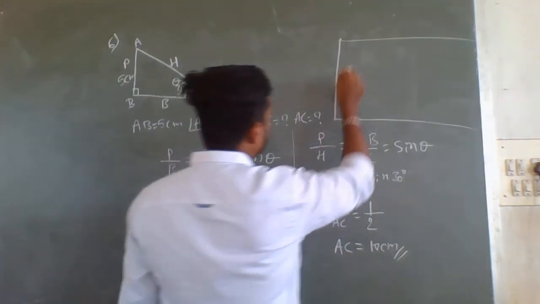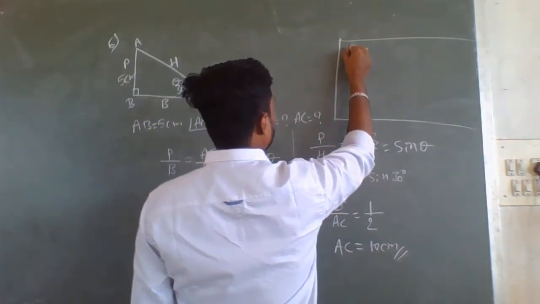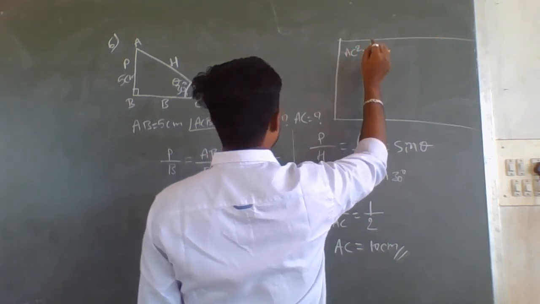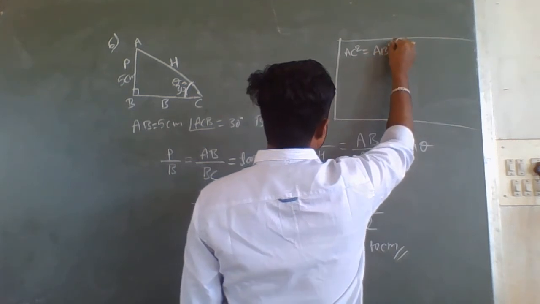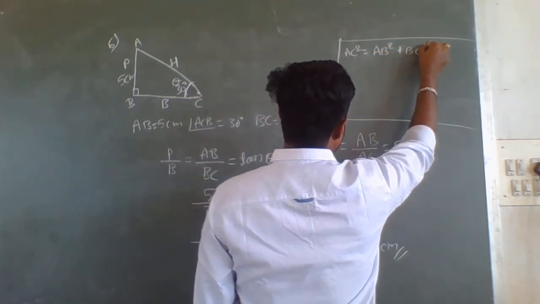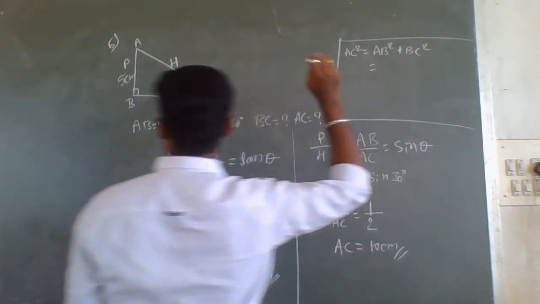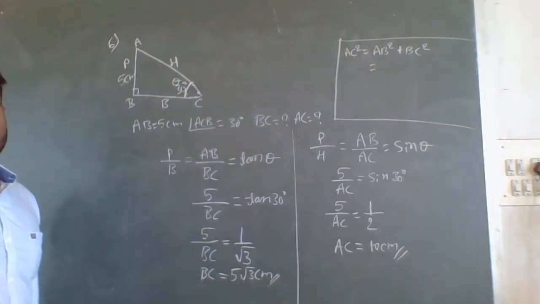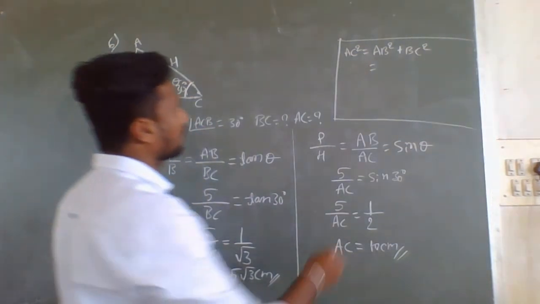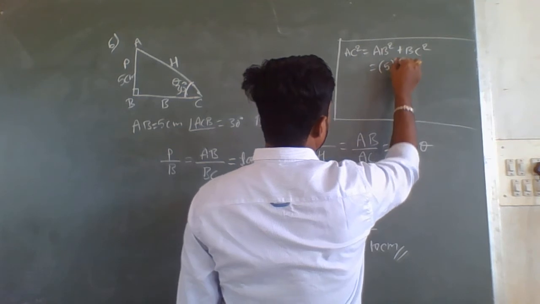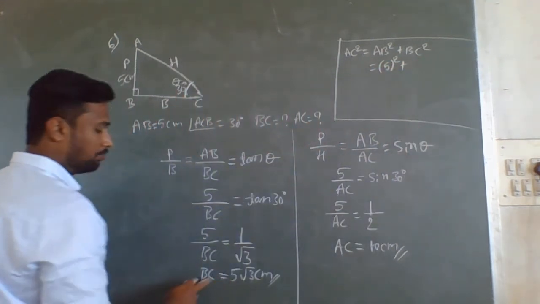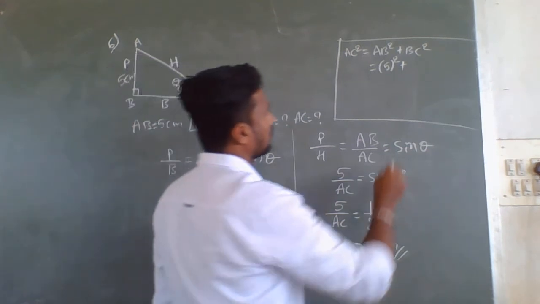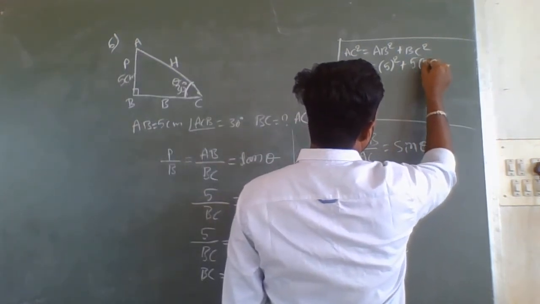So what we can write here, by Pythagoras theorem, AC square equals AB square plus BC square. So they have given the length of AB as 5 centimeters. So we can write 5 square plus BC square, the length of BC is 5 root 3, so 5 root 3 square.